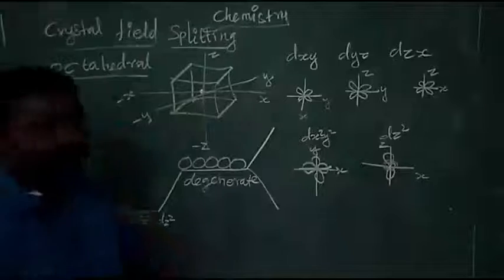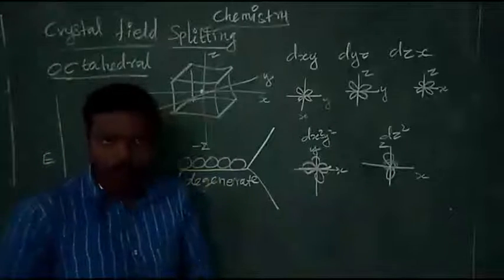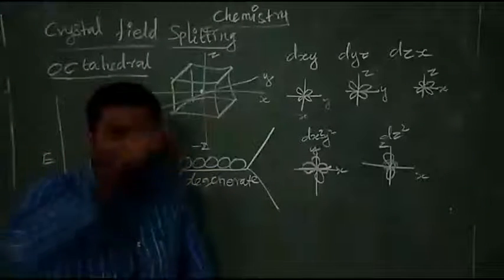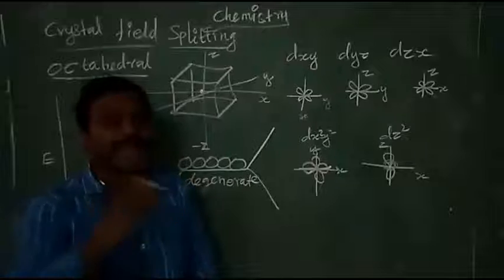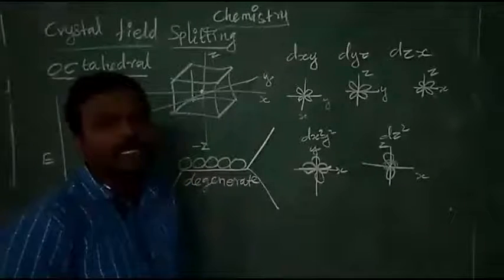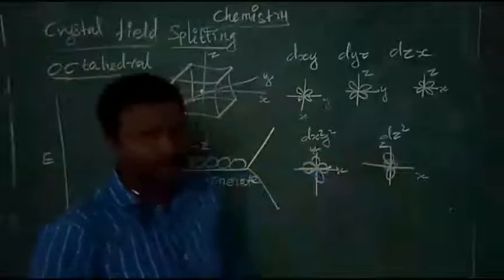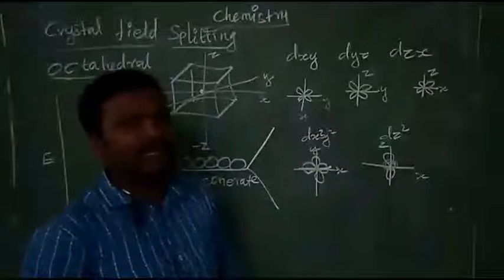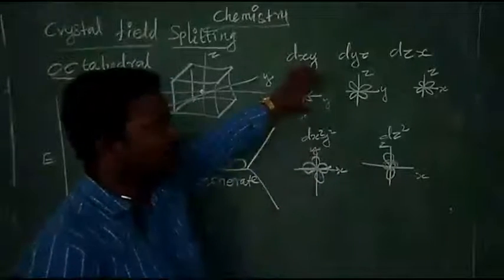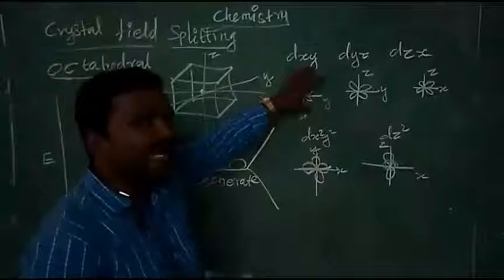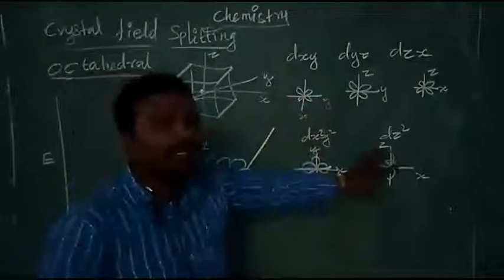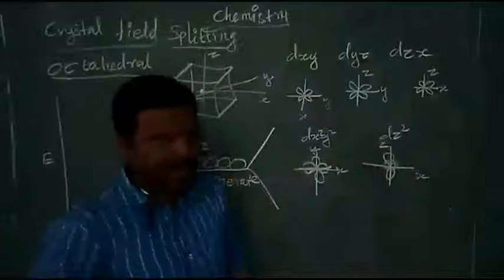If you see the diagram given in your book, the violet color loops denote the x square and the z square. So what I am saying is that three are present in between the axes and these two are present along the axes.